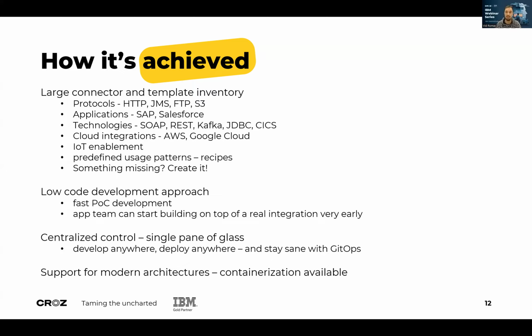All this, once it's built, has a centralized control. IBM uses with WebMethods a concept of a single pane of glass, where you basically develop anywhere, deploy anywhere. You have a single point where you have an overview of all your integration platforms, of all your solutions, and you can quickly see what's being used where.